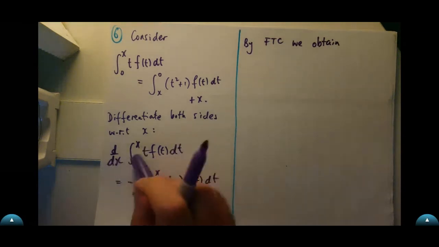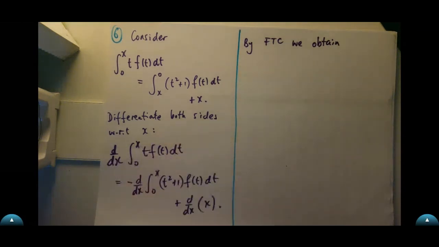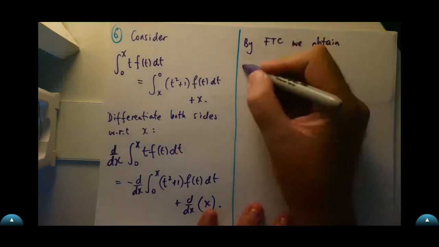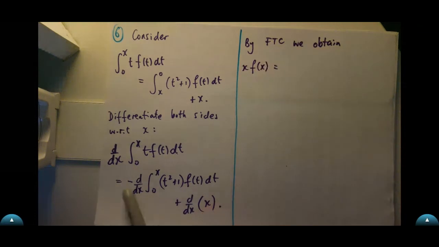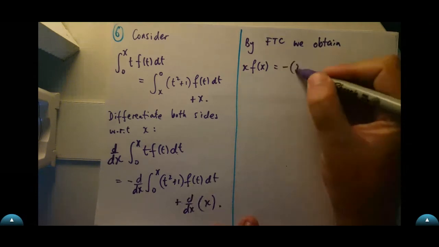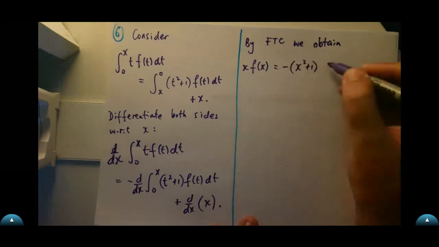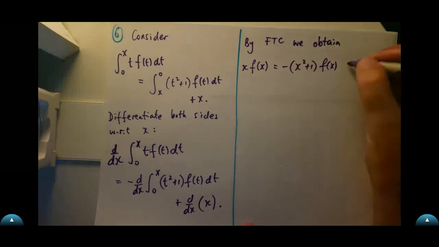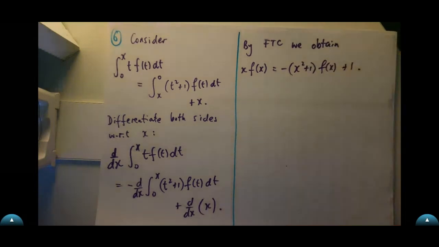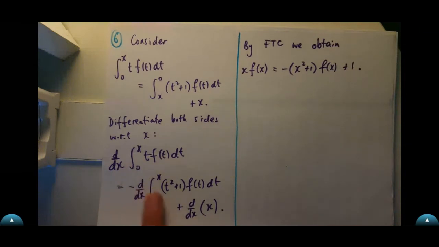Well, these things disappear and the x goes in here. So that's going to become x f of x. This one, it'll be negative x squared plus 1 f of x. And this will become 1. So we've got rid of the integral signs.